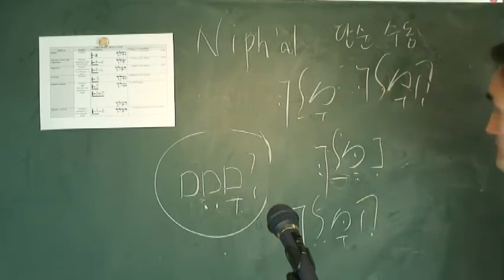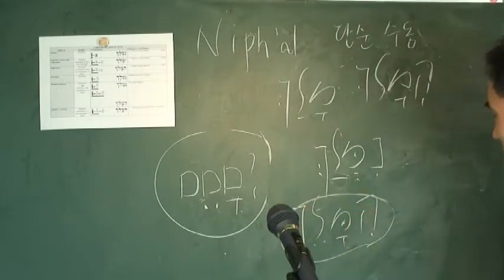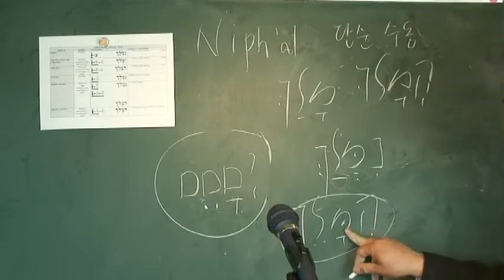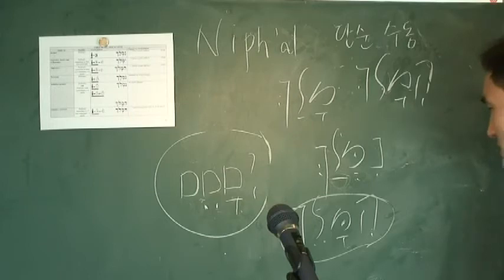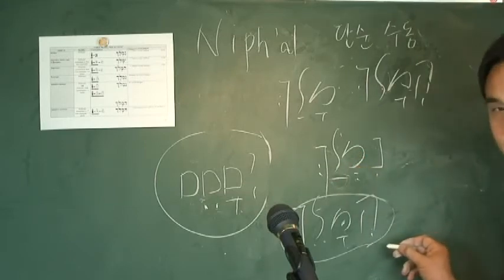We would always put a dagesh forte on the first consonant. We would put the dagesh forte on forms made from the imperfect form, and we would pronounce the consonant twice when reading the words.